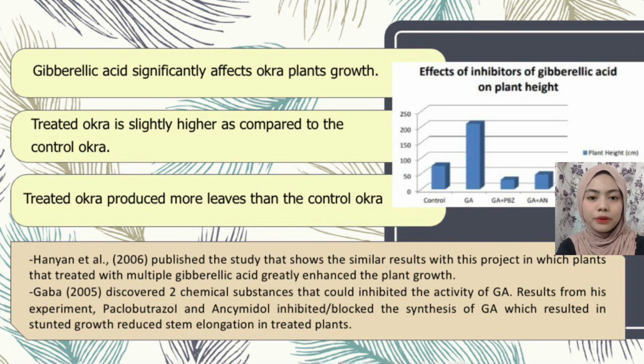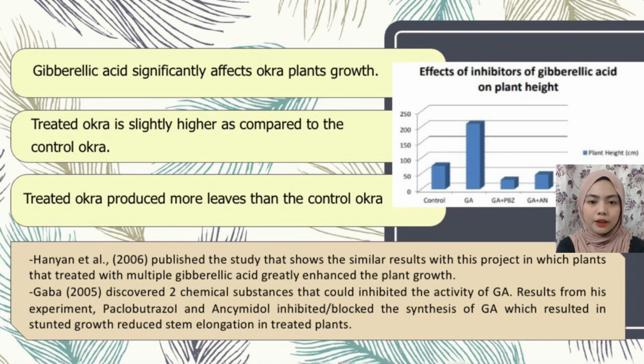Also, in the previous study conducted by Gaba in 2005, using the same species of okra plant, he discovered 2 chemical substances that inhibited the activity of gibberellic acid. At the end of his study, he concluded that paclobutrazol and ancymidol inhibited or blocked the synthesis of gibberellic acid, hence resulting in stunted growth or reduced stem elongation of the treated plants.